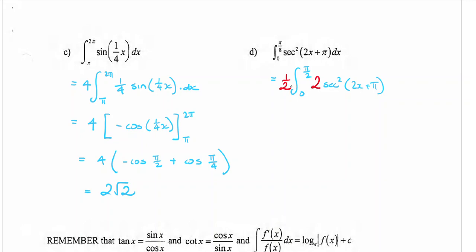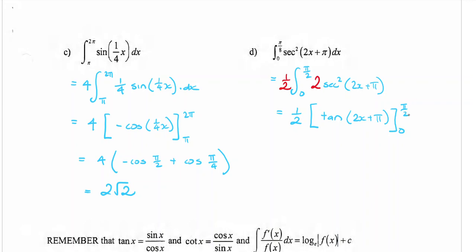But at least now this stuff in here is in the right form for me to integrate. So the half will stay out the front. I'll open my square brackets. Sec squared integrates to tan of the original function, which was 2x plus pi. This is between 0 and pi over 2.